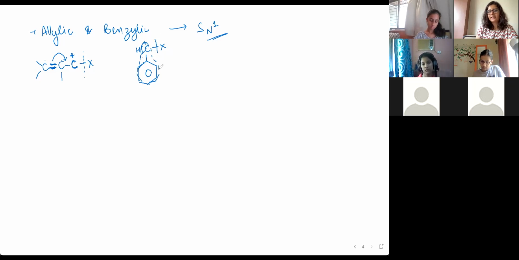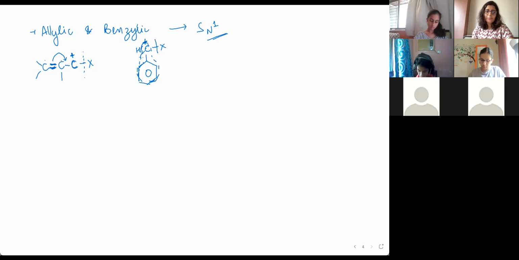It is resonance stabilized. Because the carbocation is resonance stabilized, it will prefer SN1 instead of SN2, even though it happens to be primary. So these are special cases. Another case is the rearrangement that I showed you previously. These are the special cases that you need to remember.